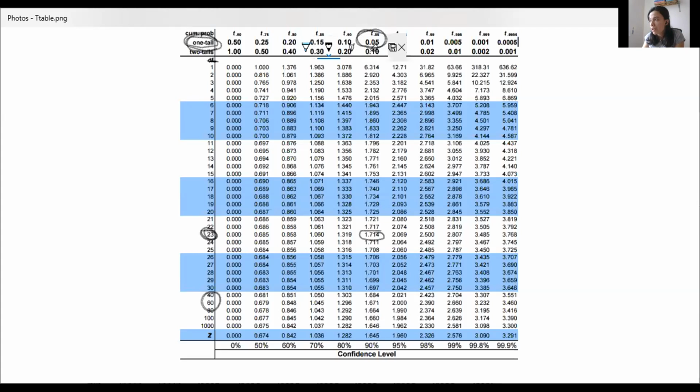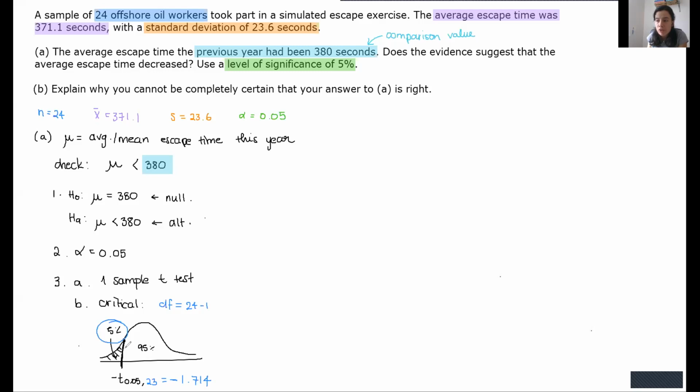What this number is doing is separating the rare information from the usual information, right? So this is what I should usually expect if the mean were actually equal to 380. And this bottom over here is what's rare, what's extreme.